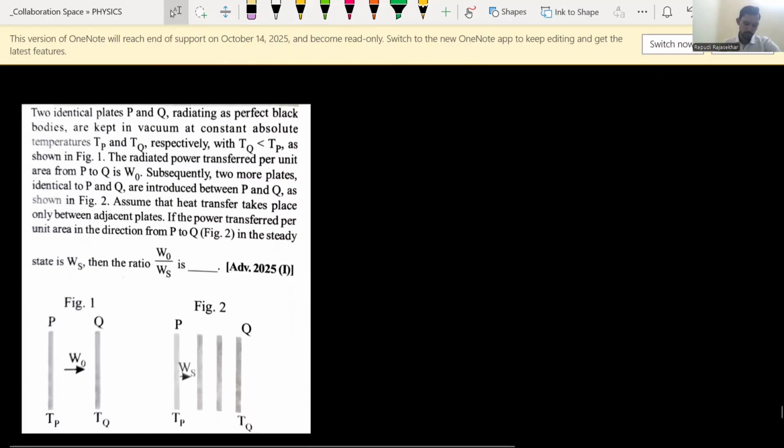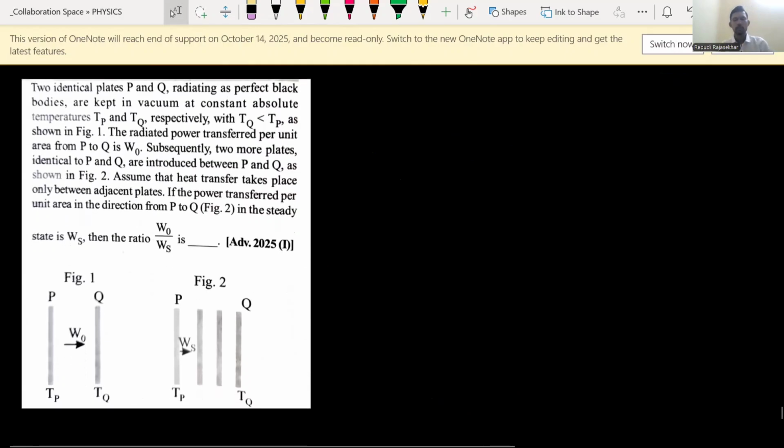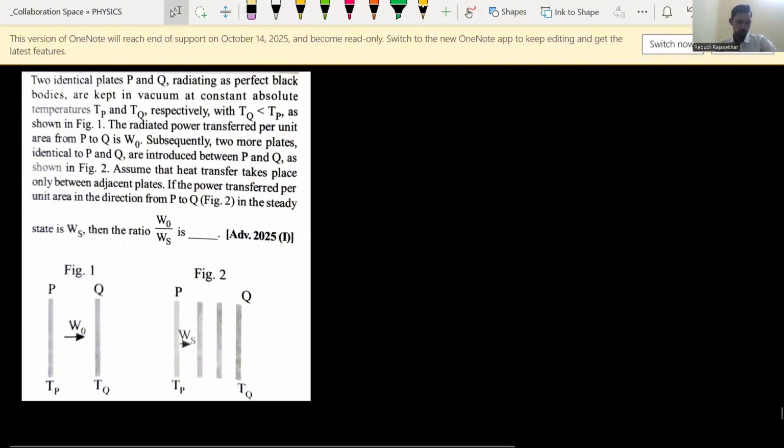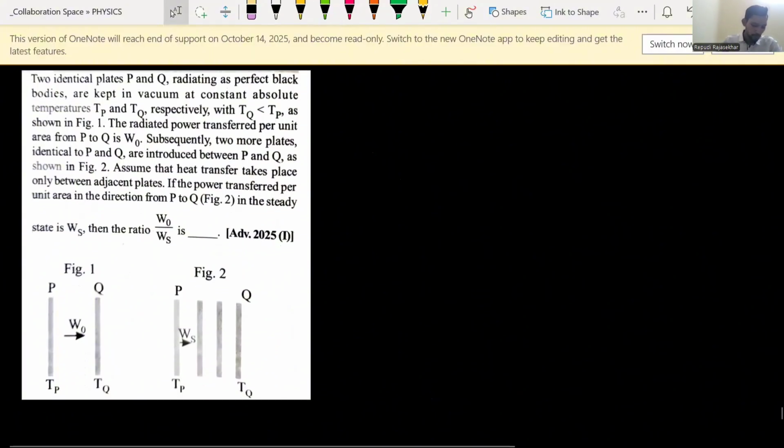Next, the last one, this is a 2025 question. This year's question only. Just to see the question once. Two identical plates P and Q, radiating as perfect black bodies, are kept in vacuum at constant absolute temperatures Tp and Tq respectively, with Tq less than Tp.